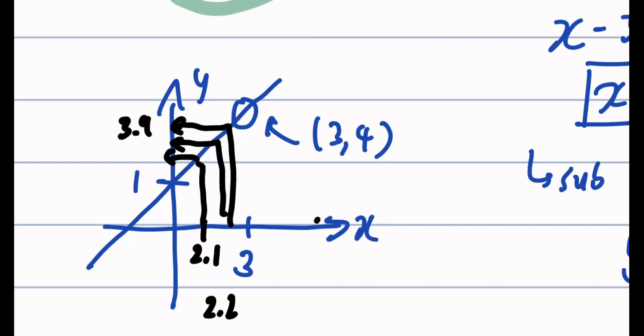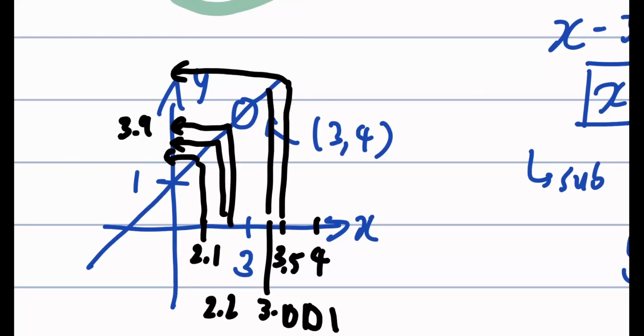And if you start from 4 and then slowly drop your way down to 3.5 and then eventually 3.1, 3.01, 3.001, then what's the corresponding y value? Oh, my y-axis is too short already. Let me make it a bit longer.